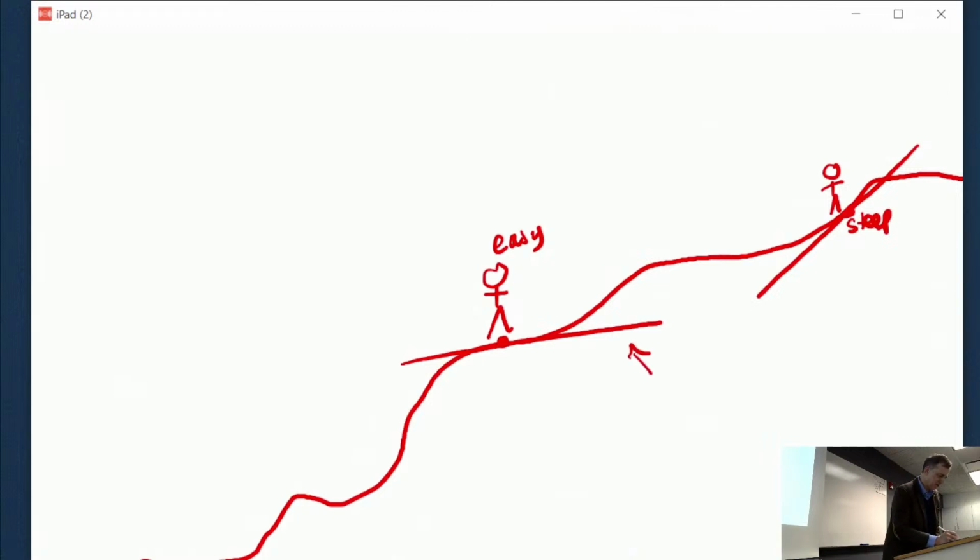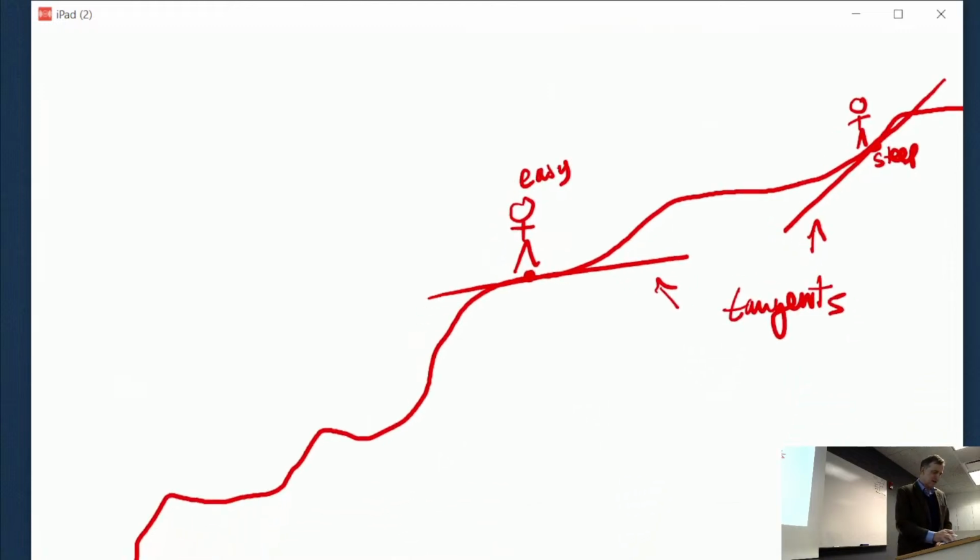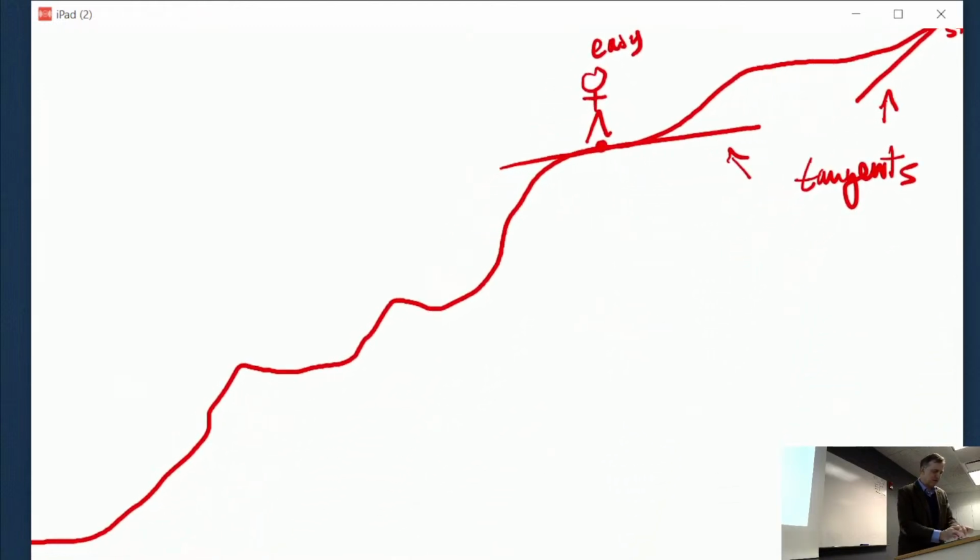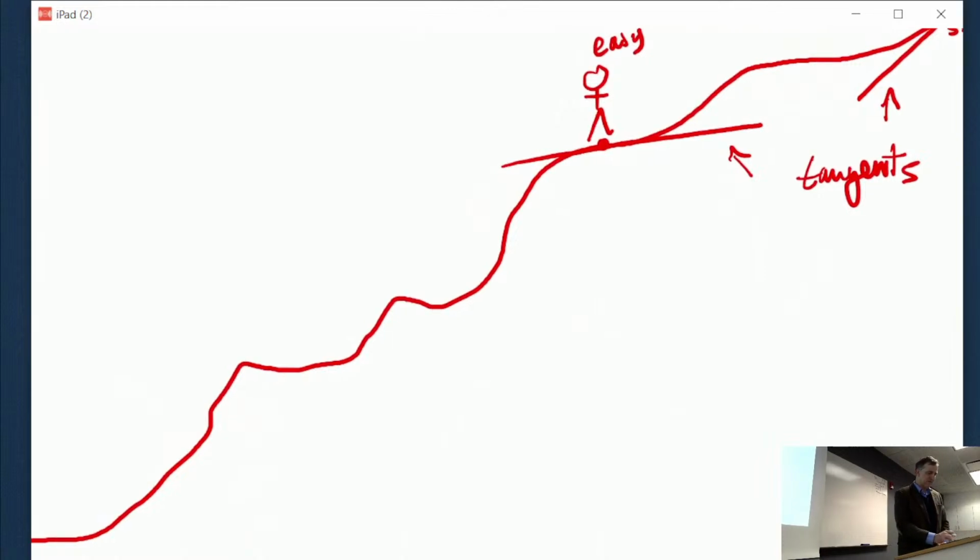These are tangents. I'll draw another example of this in just a minute, but I just wanted to get this trail thing out of the way. So that's the tangent line. A tangent line is just like the tangent to a circle, touches the circle in one point. Tangent to a curve touches the curve in one point, at least locally, if you zoom in far enough. That's what it looks like.